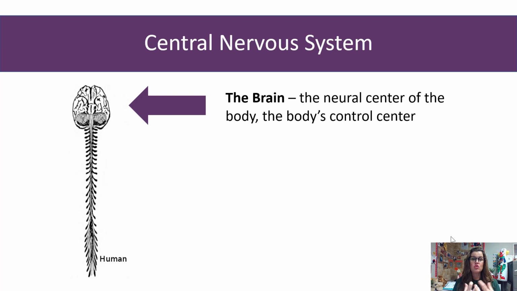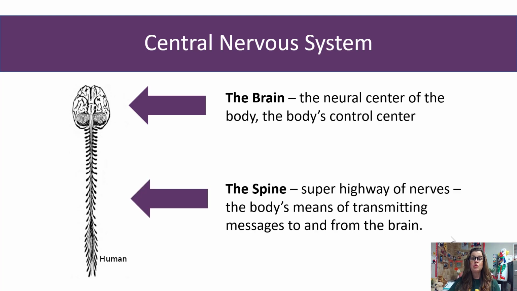Your spine acts as a highway of nerves, our body's way of transmitting those messages to and from the brain. So the central nervous system is made up of the brain and the spine.